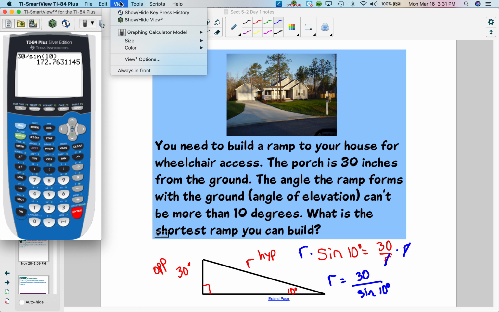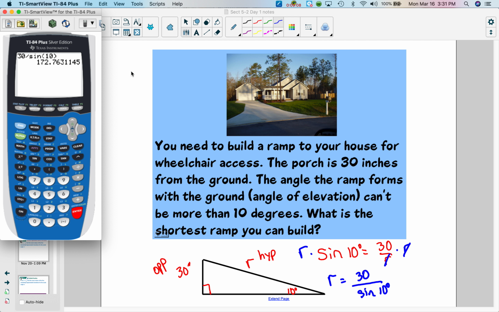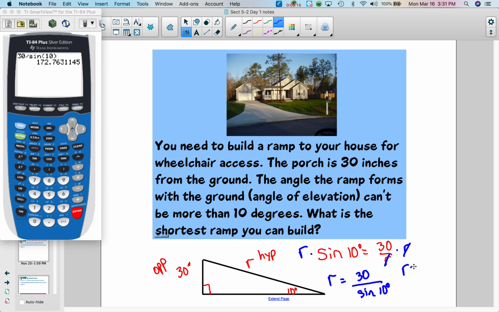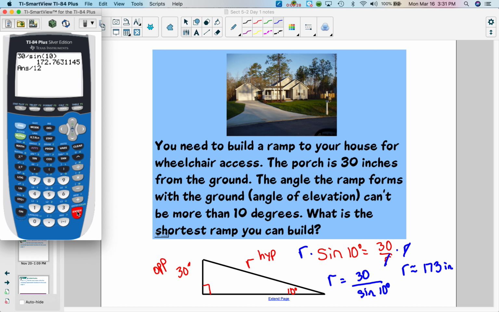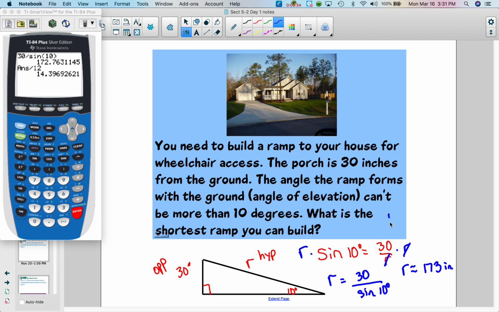Okay, so we end up with, and I didn't say anything to round to, r is approximately 173 inches. That's a little awkward, so let's make that ramp 173 inches. I would think it would be better to have something like 14.4 feet. So we could say r is about 14 feet.